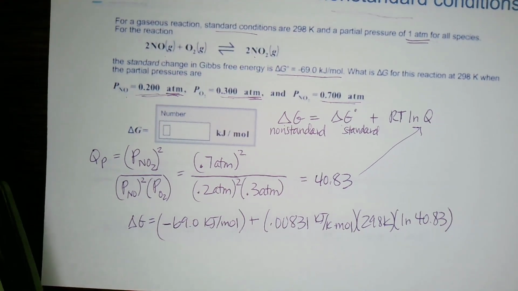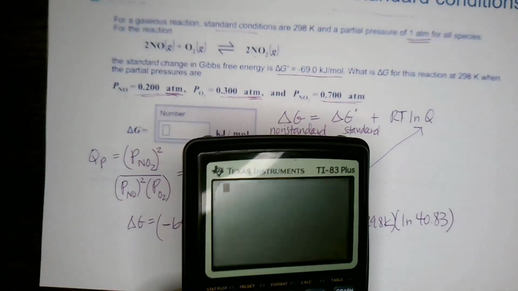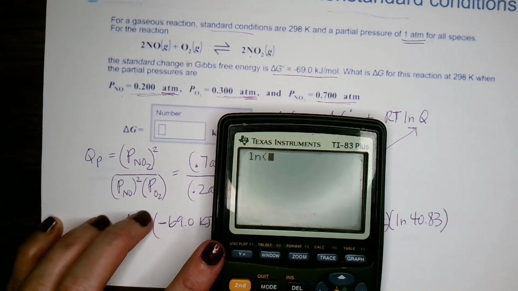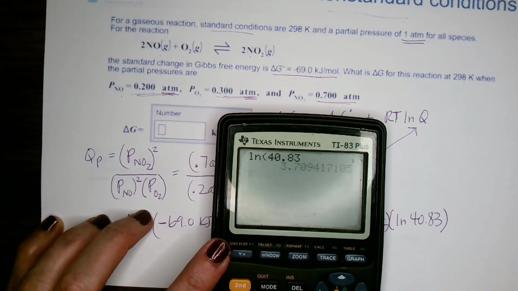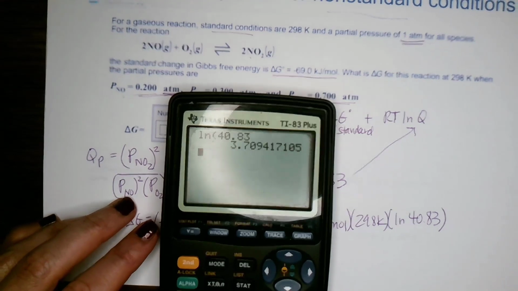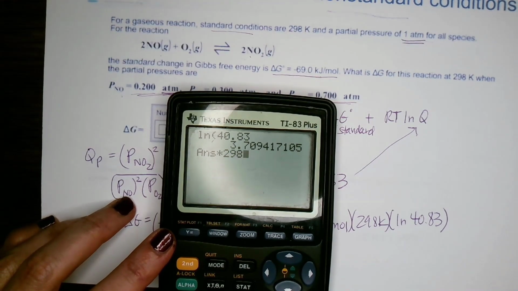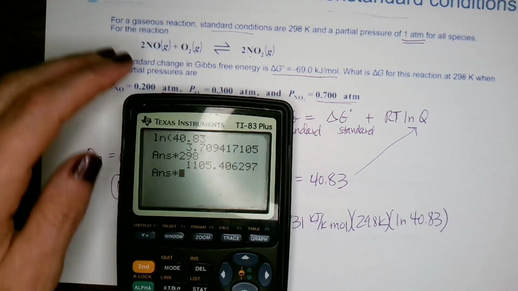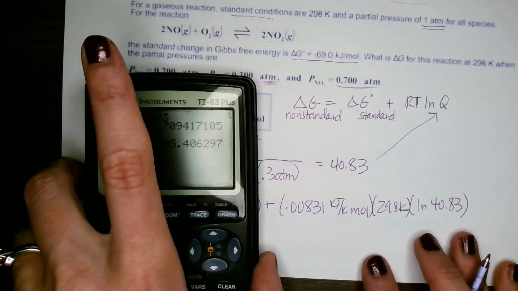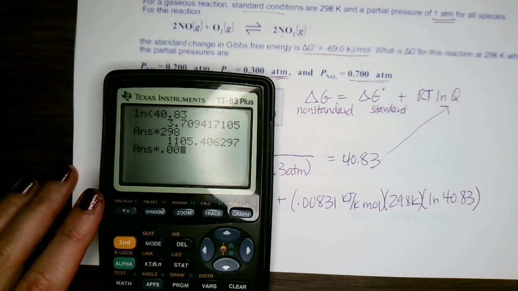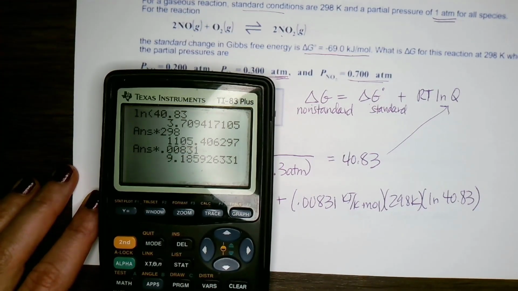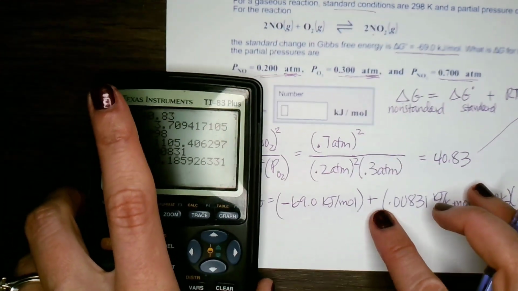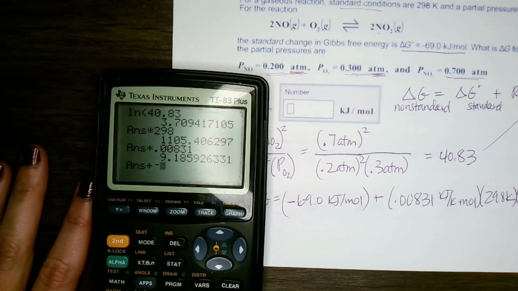So let's do some calculator work here. I'm going to do the natural log of 40.83 first. Times that by 298 and by 0.00831. And then add that to our Gibbs's free energy, which was negative 69.